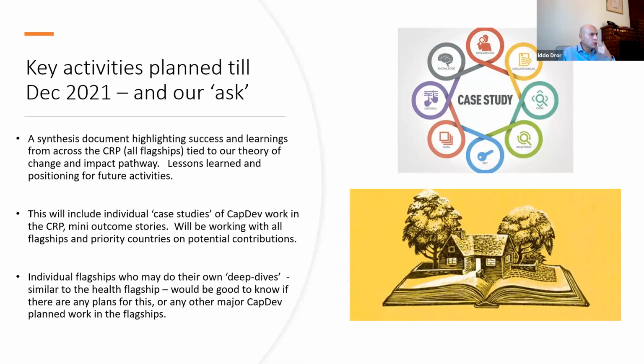In terms of the key activities planned, since most of the work is taking place in the flagships, we would like to have a synthesis document that brings all the work on capacity development taken place throughout the years of the CRP into a coherent and attractive document. It shows the work that's been done, but also lessons learned that are advisable going forward and for positioning for future activities.